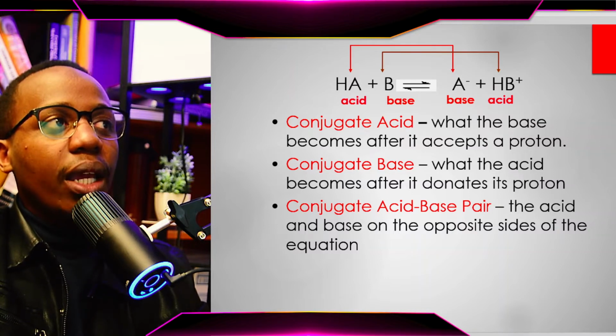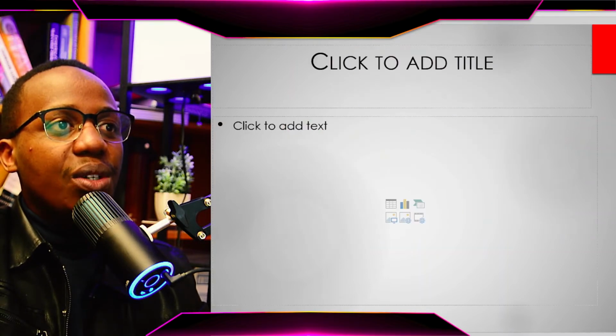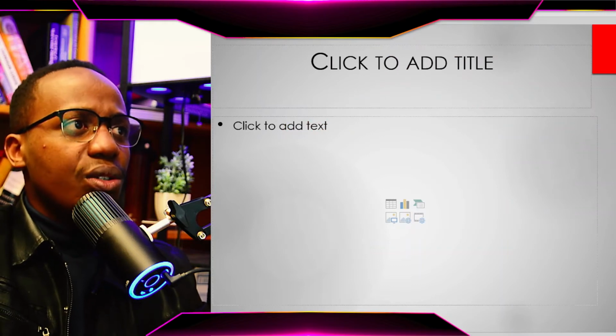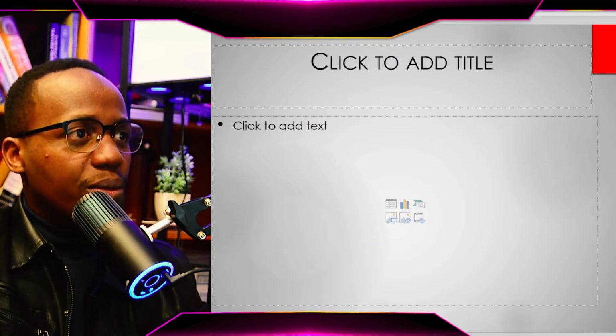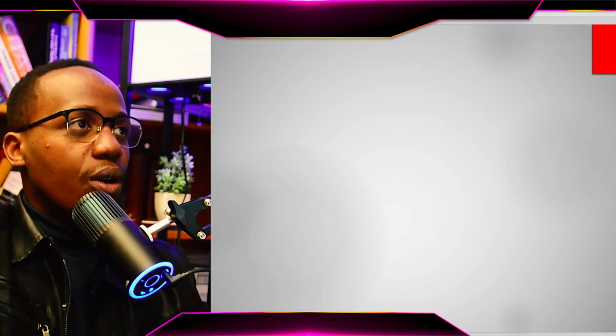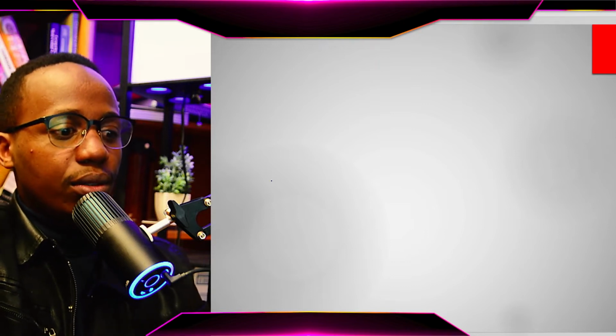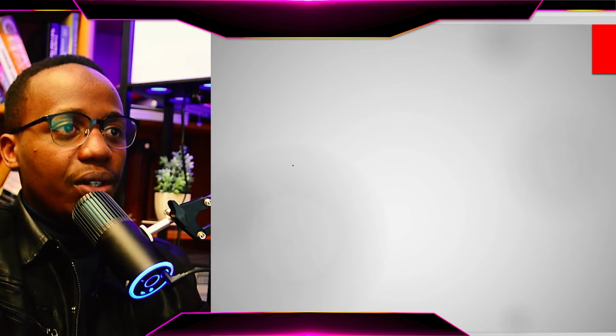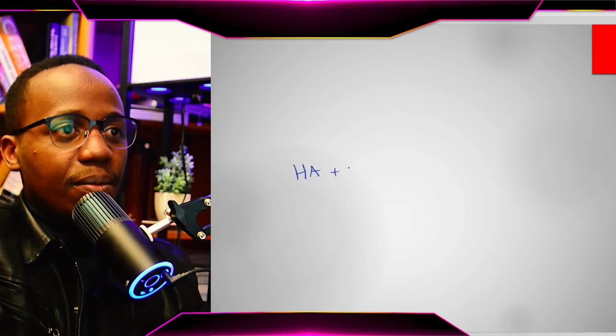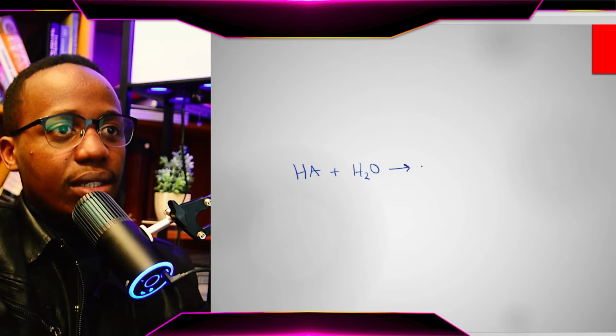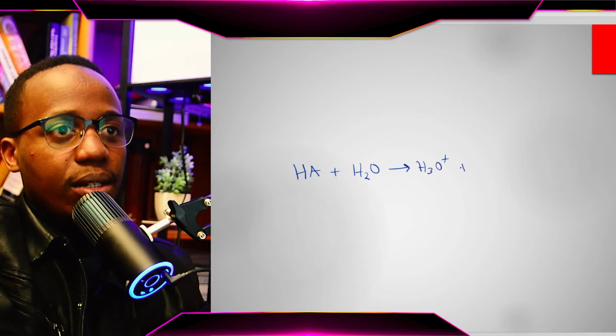And by the way, it happens even when we have water. So we talked about how water behaves. For example, let's say acid, right? This is an acid plus H2O that gives us H3O plus A minus.